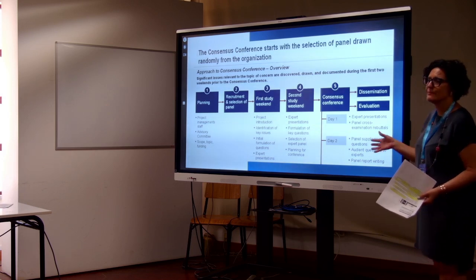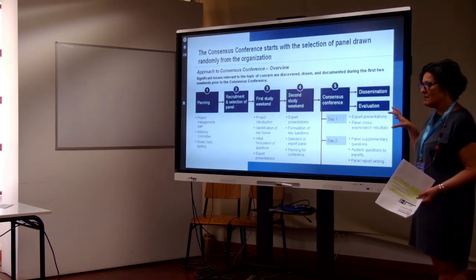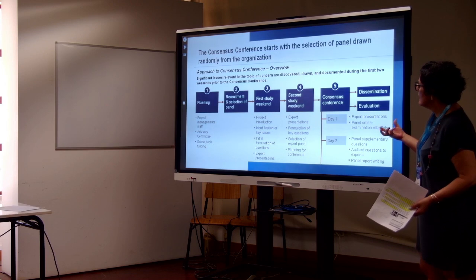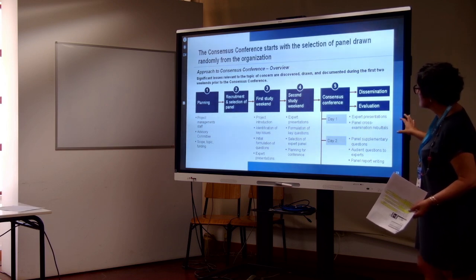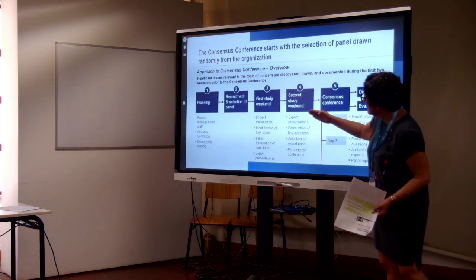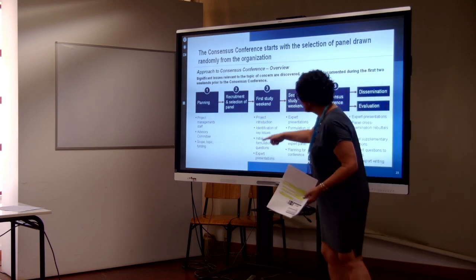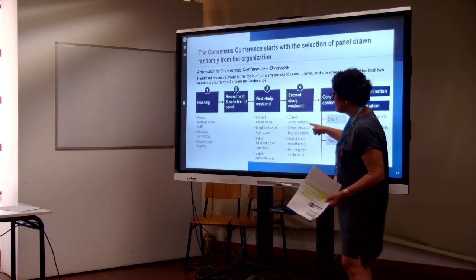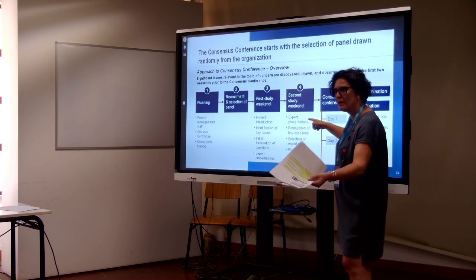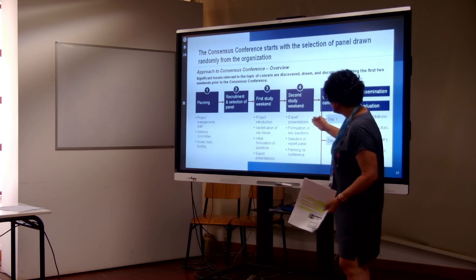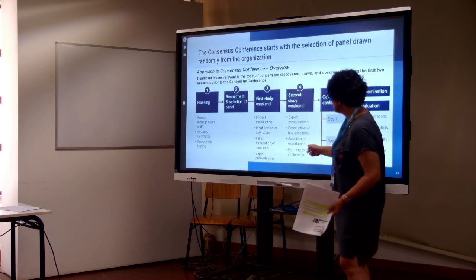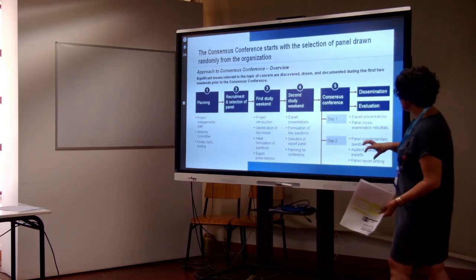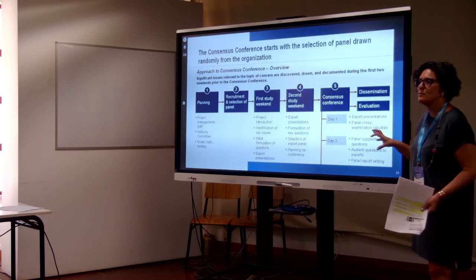For example, this is the scheme of a consensus conference, and you see that you have first the presentation of the information, then the experts present their opinions, their research, for example, formulate the key questions, and then they plan how you're going to develop the consensus with the participants.